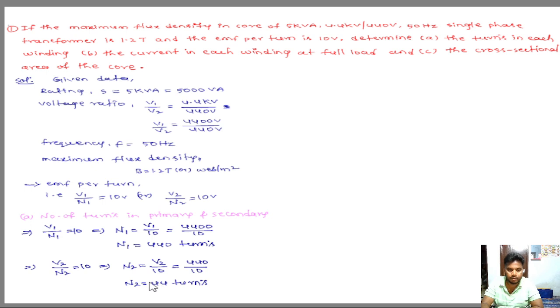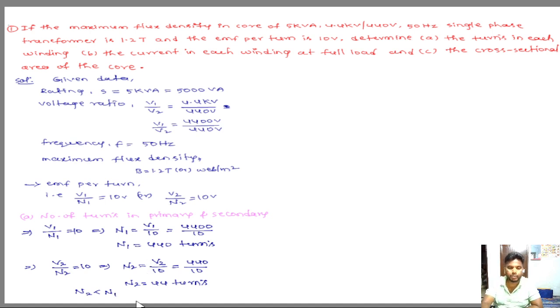From this, it is clear that N1 is 440 turns and N2 is 44 turns. N2 is less than N1.